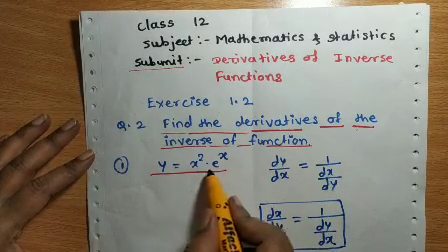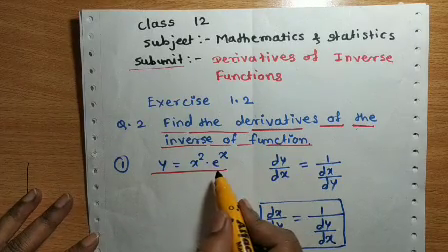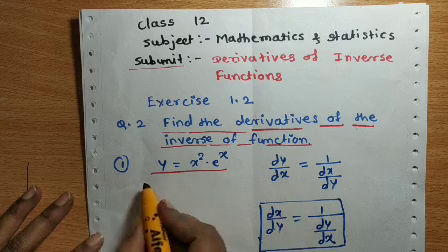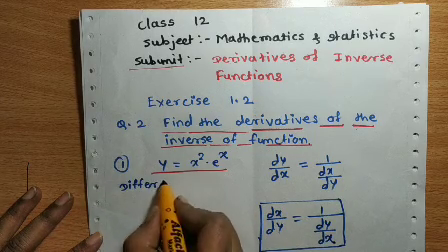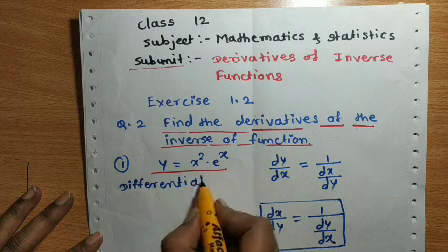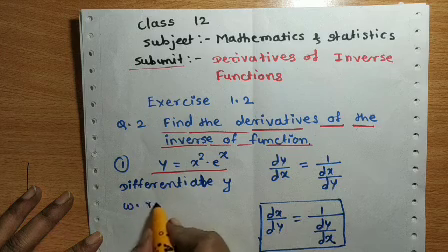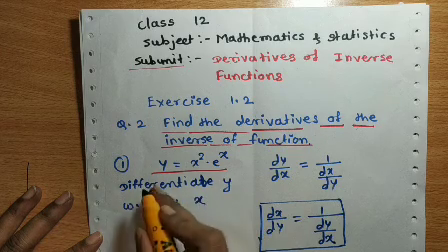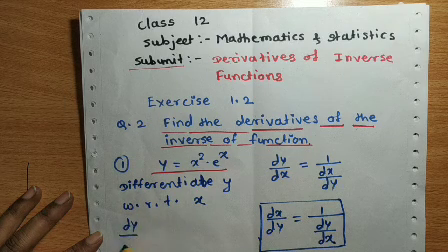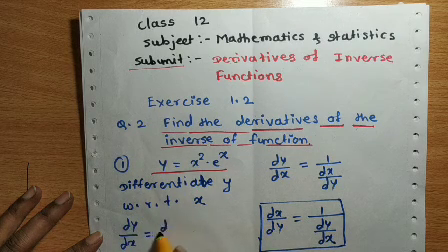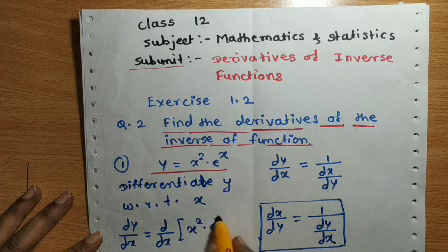This is like u into v, so we use the uv formula. Differentiate y with respect to x, because it is given in terms of x. Therefore, dy by dx is equal to d by dx of x square into e raised to x.